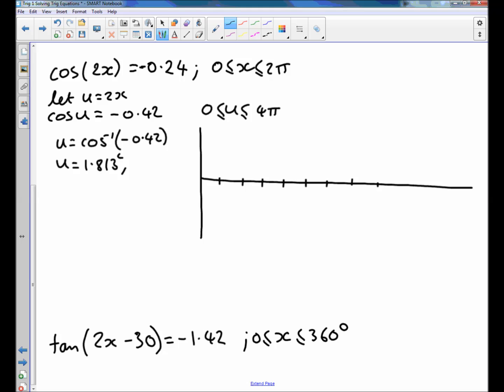Okay, so I'm going to be coming down and up and down and up, minus 0.42. So just as we said, we're going to expect four solutions.